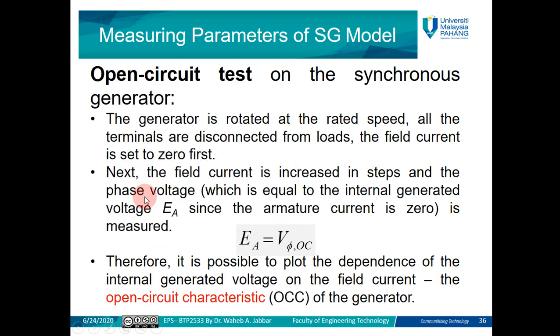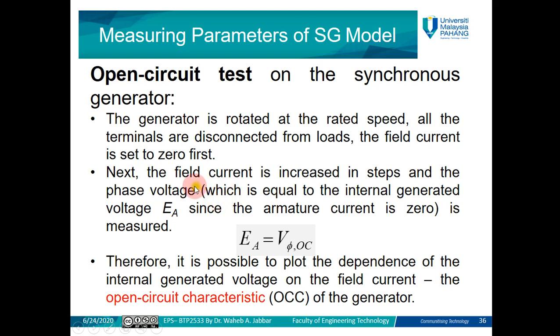Next, after we run the synchronous generator, the field current in the beginning will be set to 0. That means no field current, and we said the field current of the synchronous generator is usually provided by a DC source, either a separate DC source or an exciter, which is attached to the shaft of the synchronous generator.